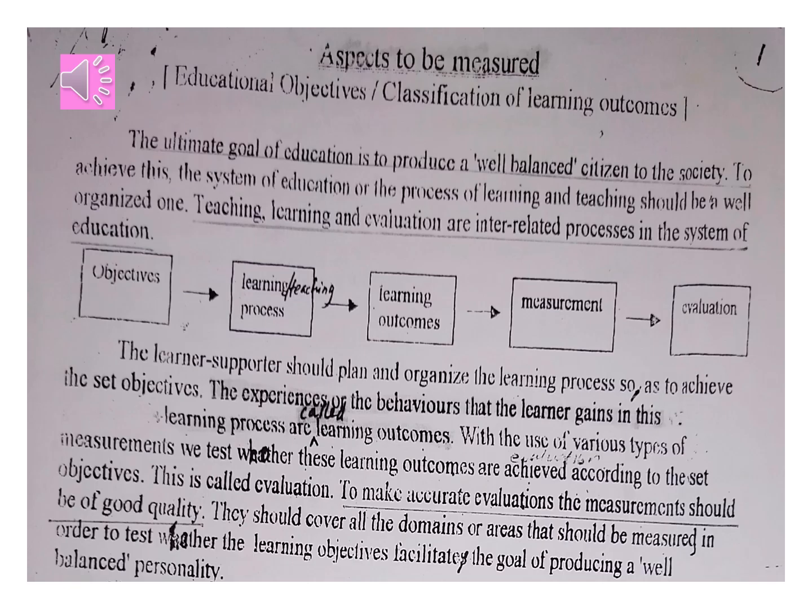What are these learning outcomes? They are the experiences or the things that the students have learned, and they should be related to the objectives, right? So we test whether these learning outcomes are achieved according to the set objectives.